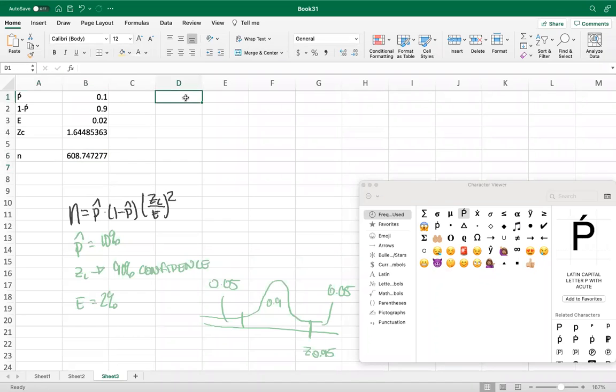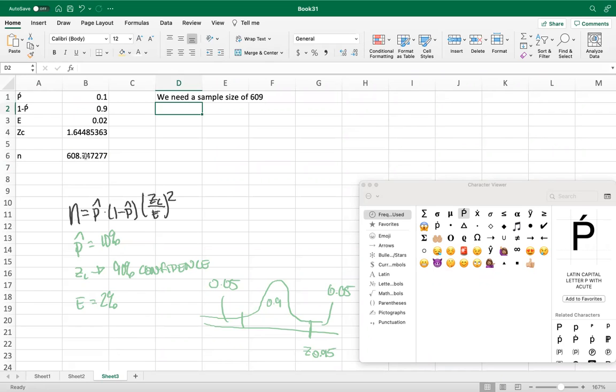So now what we're going to say is we need a sample size of 608. No, we need a 609. So again, it doesn't matter what the value is over here.